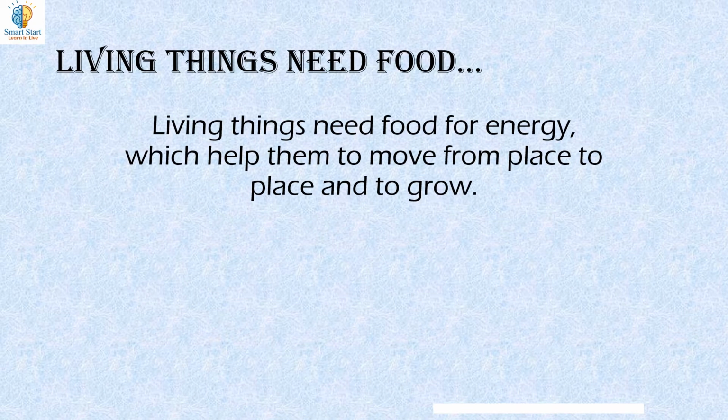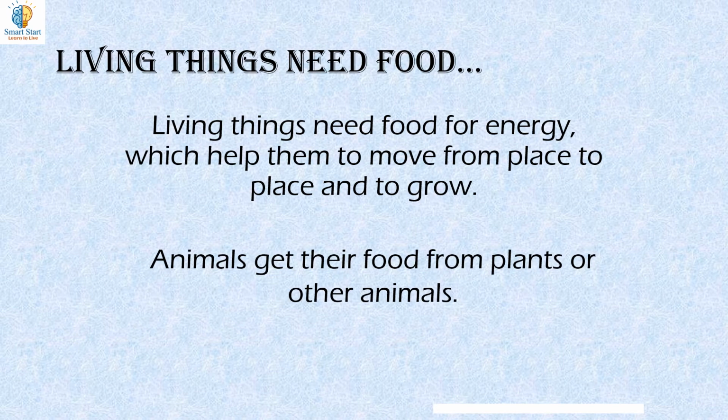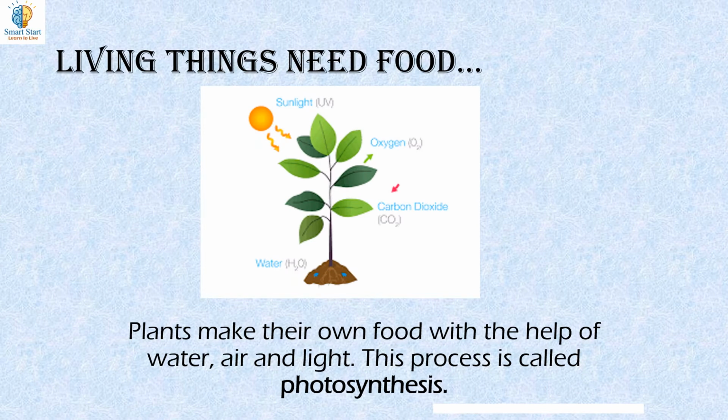Living things need food. Living things need food for energy, which helps them to move from one place to another and to grow. Animals get their food from plants or other animals. Plants make their own food with the help of water, air, and light. The process is called photosynthesis.